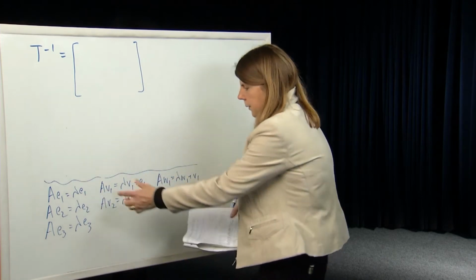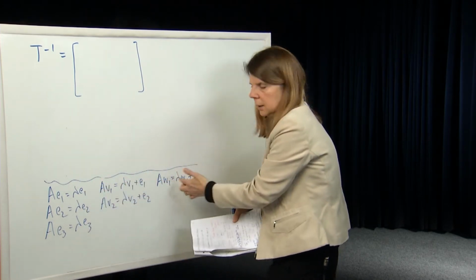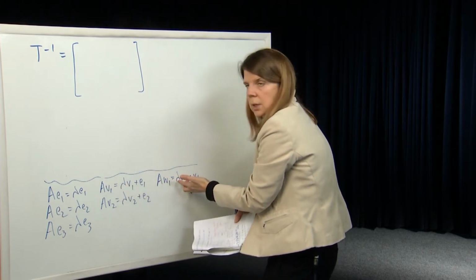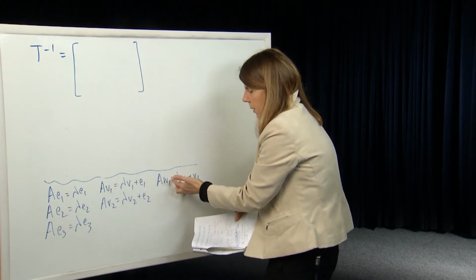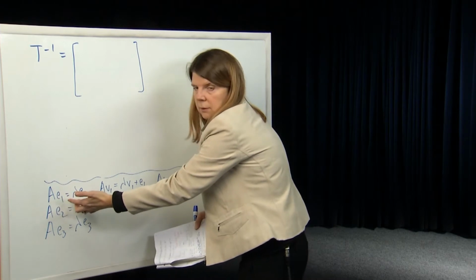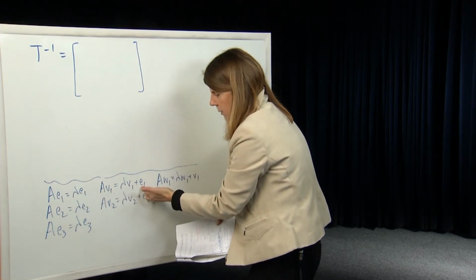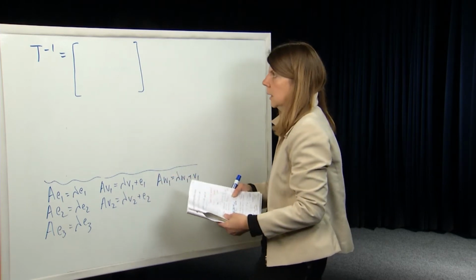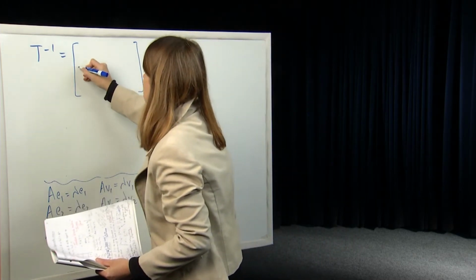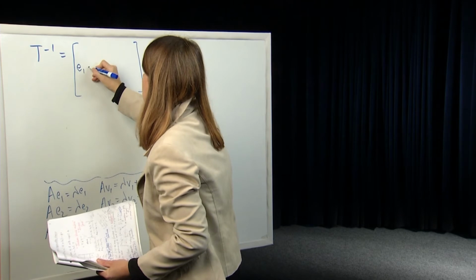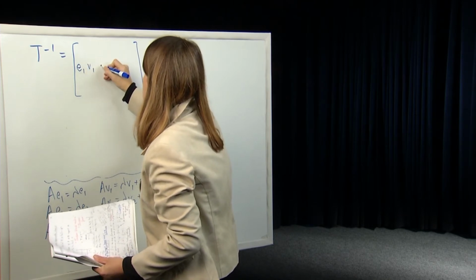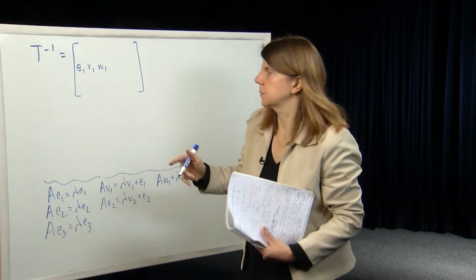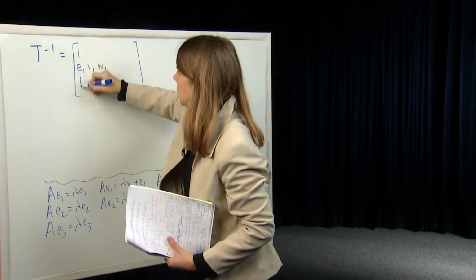I can think about this row as a chain of eigenvector, generalized eigenvector of degree 1, generalized eigenvector of degree 2, all coming from the eigenvector E1, because V1 is related to E1 and W1 is related to V1, which is related to E1. So E1, V1, W1 are the first 3 columns of the matrix T inverse. These are column vectors.